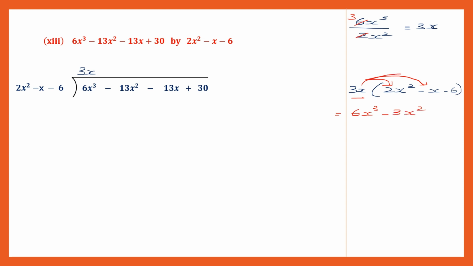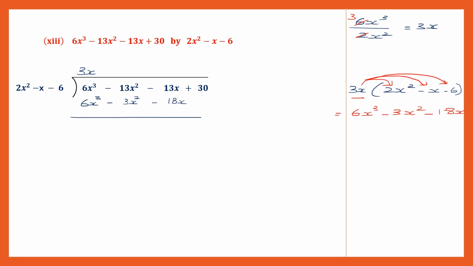Then we multiply 3x into minus 6. The sign is minus. 3 6s are 18 and we have x. So now we are going to write this, what we got here, below the dividend. So let's write it in order. So we have 6x cube minus 3x square minus 18x.